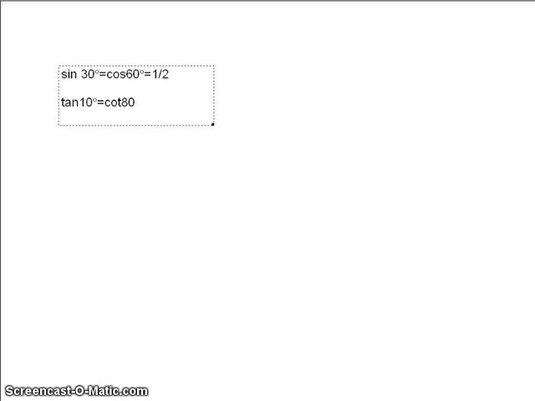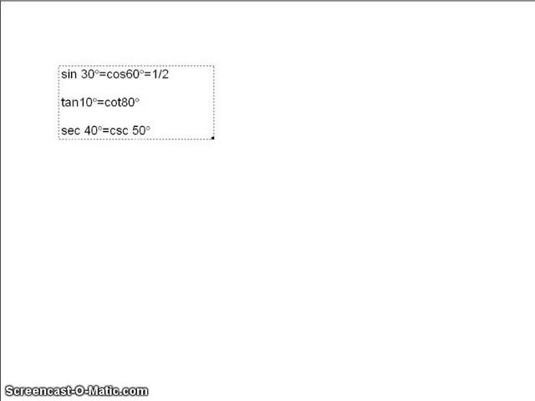This would have to be 80 degrees. This would be a true statement. Okay, a couple more. How about the secant? The secant of 40 degrees would have to equal its complementary function, the cosecant, abbreviated CSC, and that would be 50 degrees.